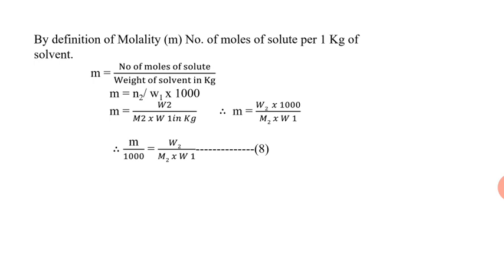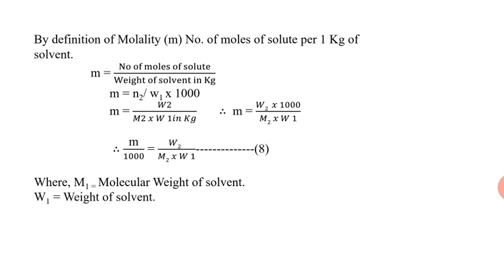Just rearrange the equation. 1000 on the right hand side of the equation comes to the left hand side, and we get m divided by 1000 is equal to W2 upon M2 into W1. This is our equation number 8, where M1 is the molecular weight of solvent, W1 is the weight of solvent, M2 is the molecular weight of solute, W2 is the weight of solute.